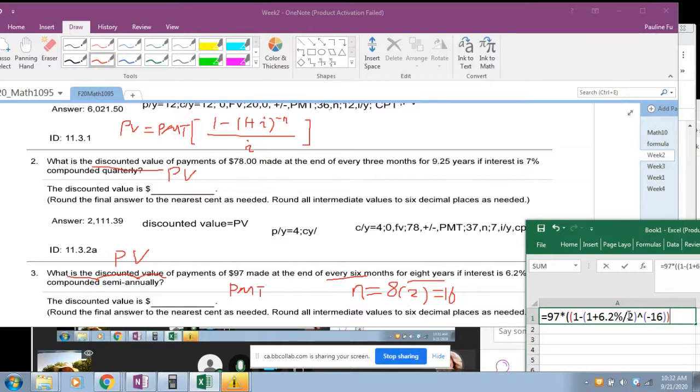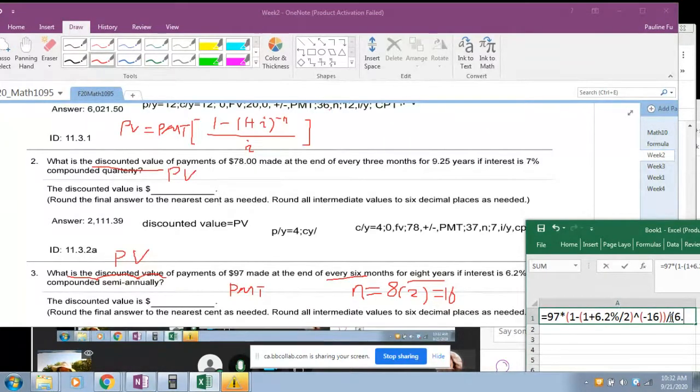Do I have matched bracket? Do I have this extra bracket? This one is extra bracket. Now they are matched. Okay. And then divide, I put bracket.